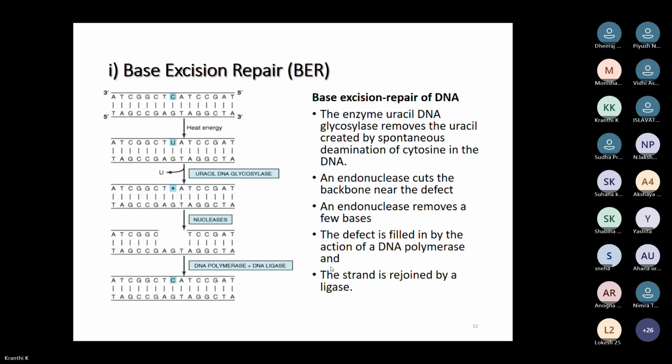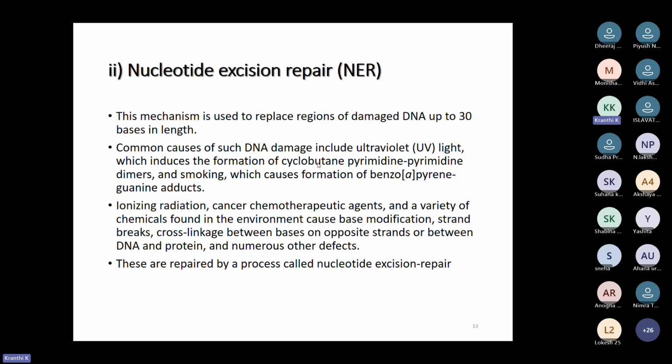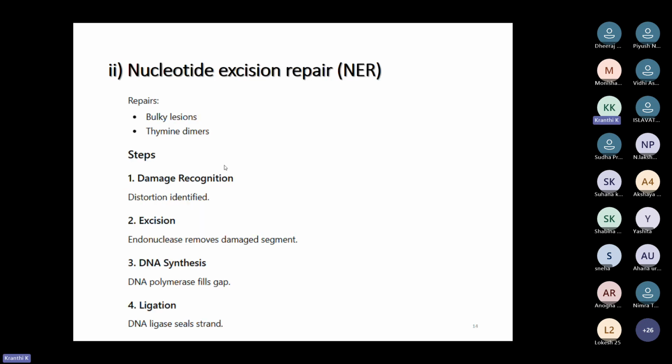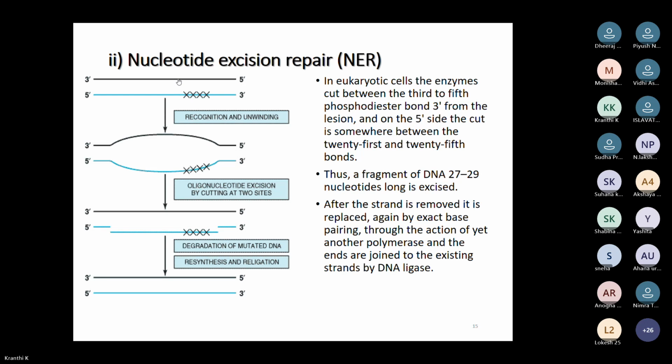Now coming to the second one, nucleotide excision repair. This is also the same kind of process. I will show the diagram here. Not only a single base pair, we are talking about maybe multiple nucleotides.